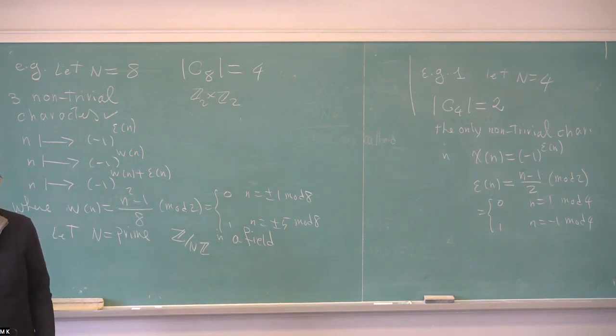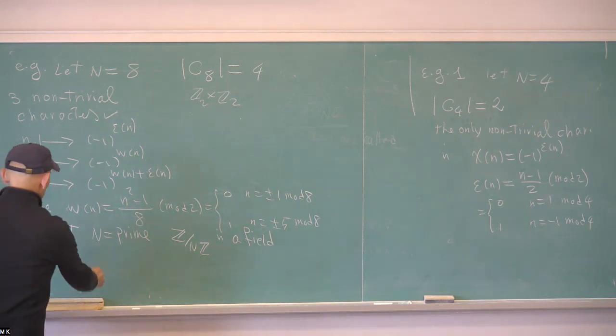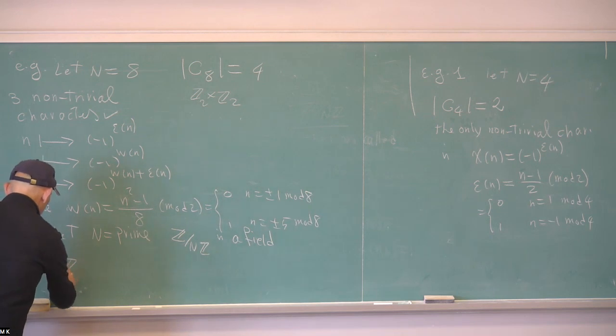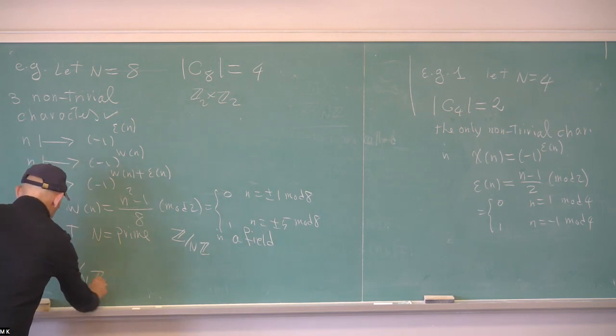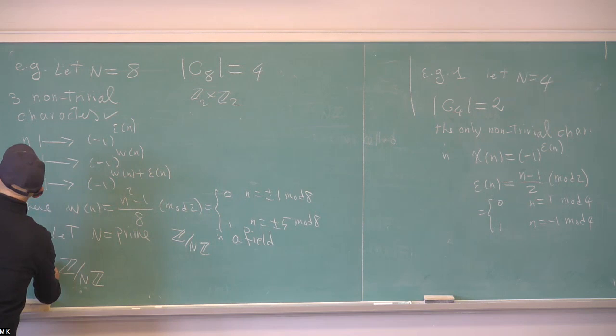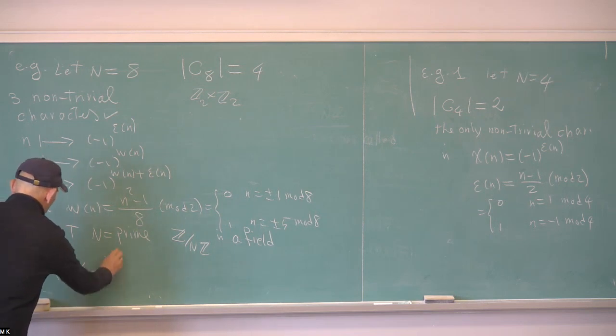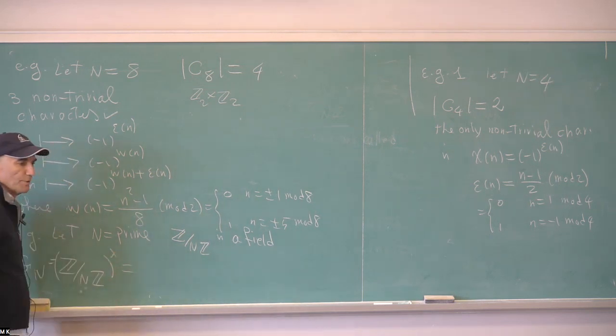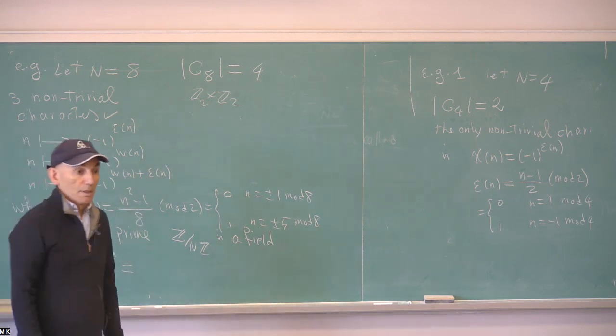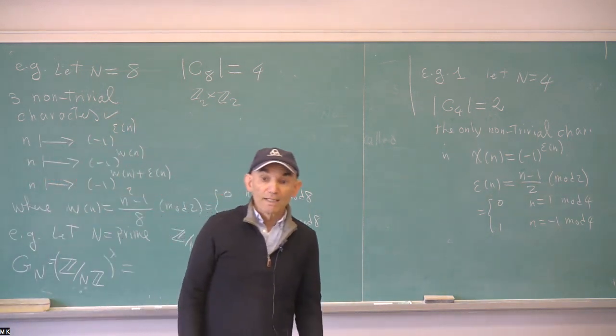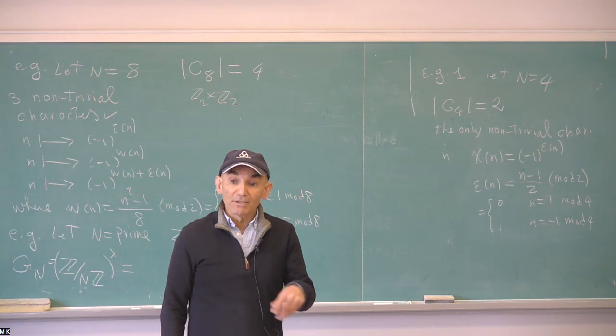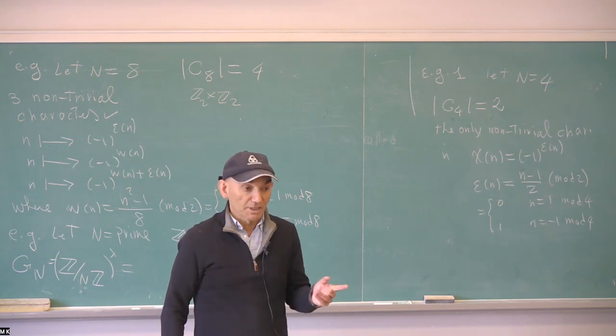We know that, right? Now, in this case, what is the structure of this group? What kind of group is that? It's exactly. So we know that in any field, any finite subgroup of the multiplicative group of any field is actually cyclic.